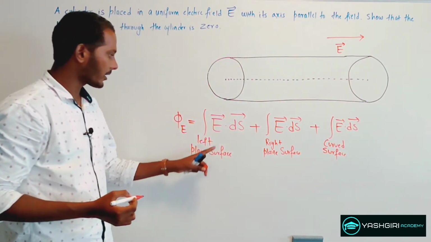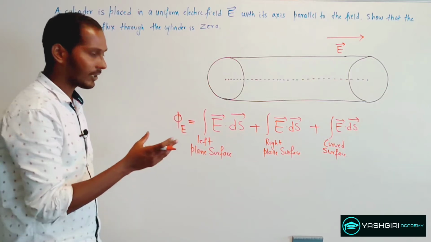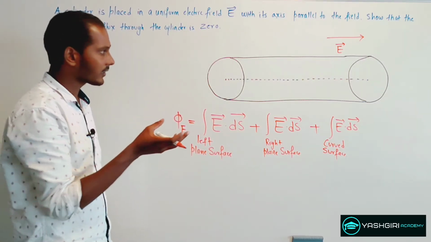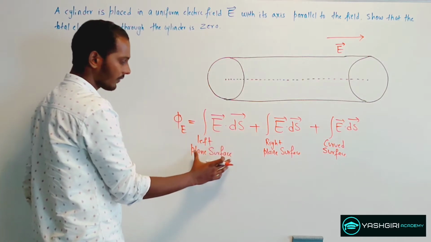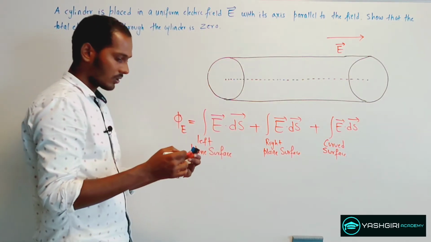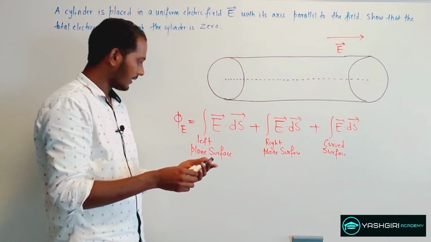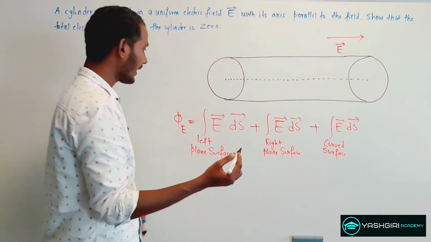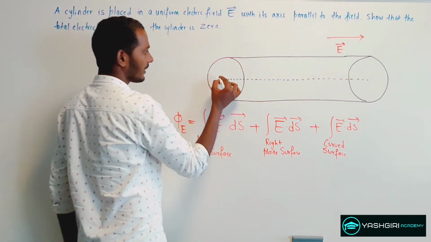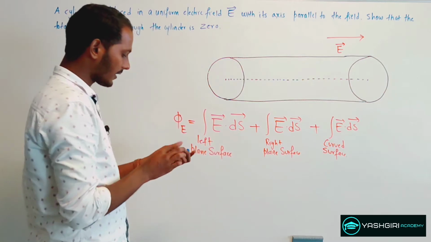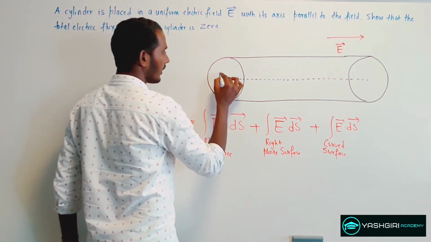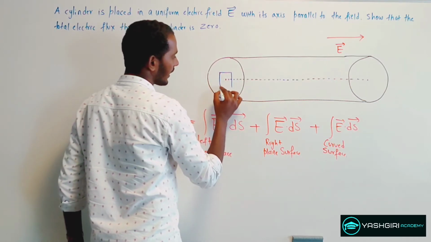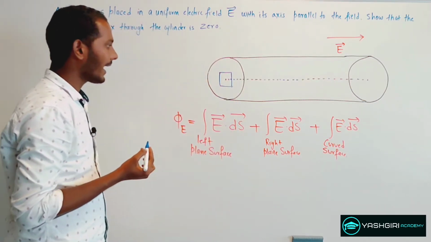Now here, the same expression, let us try to calculate the individual flux for these cross-sectional areas. For the left plane surface, how do we calculate? Let's just consider a small section of this, a small planar area element.